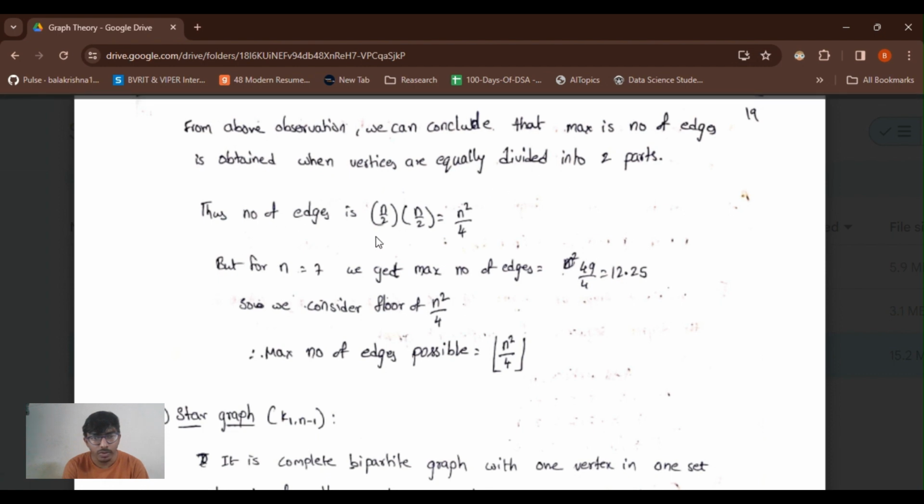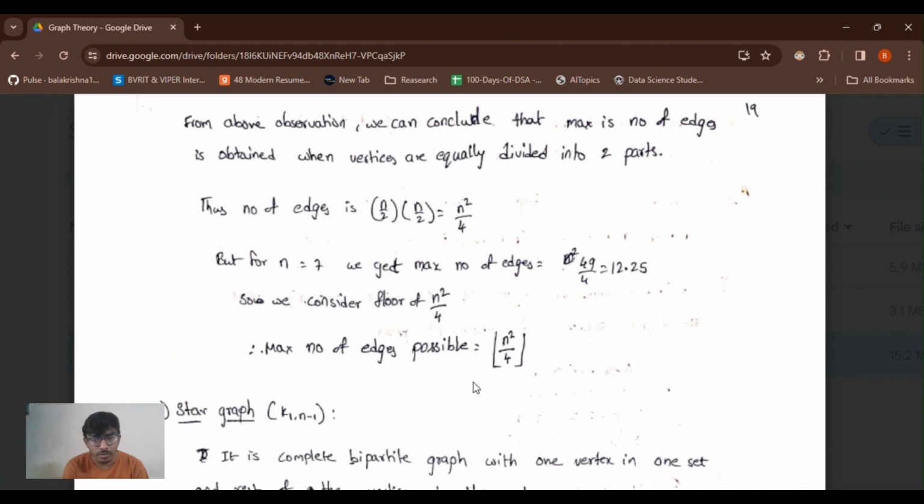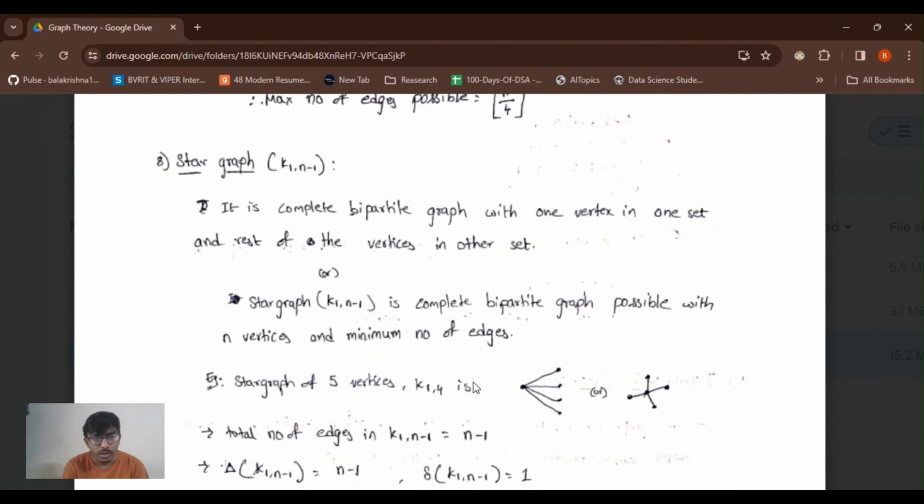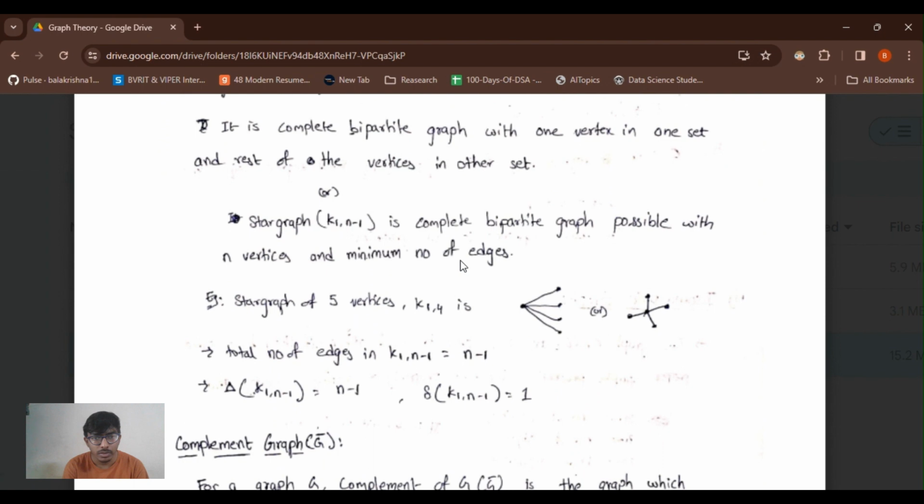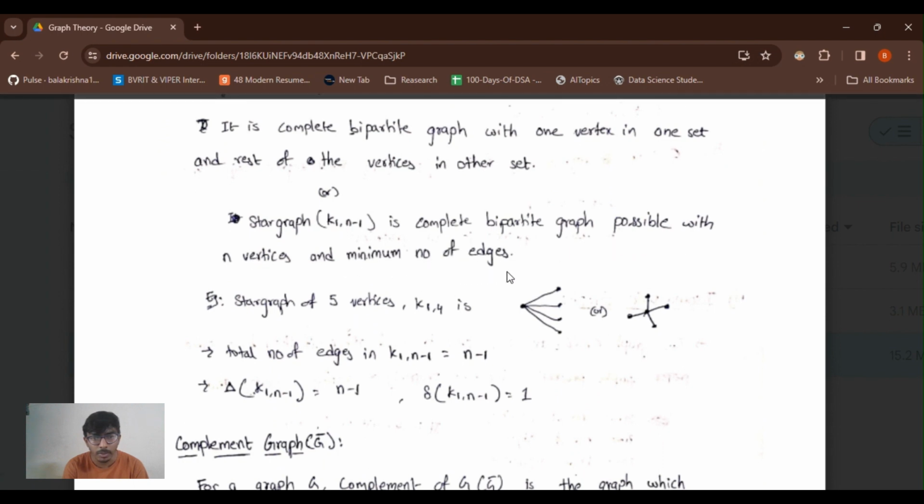So thus the number of edges is n square by 4. Star graph. It is a complete bipartite graph with one vertex in one set and the rest of the vertices in the other set. Star graph is the complete bipartite graph possible with n vertices and maximum number of edges.